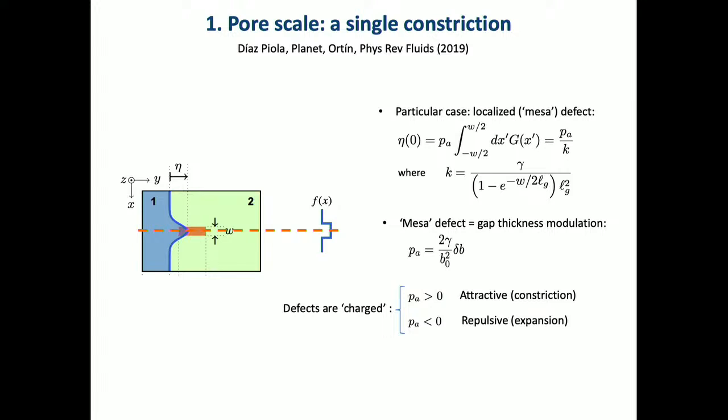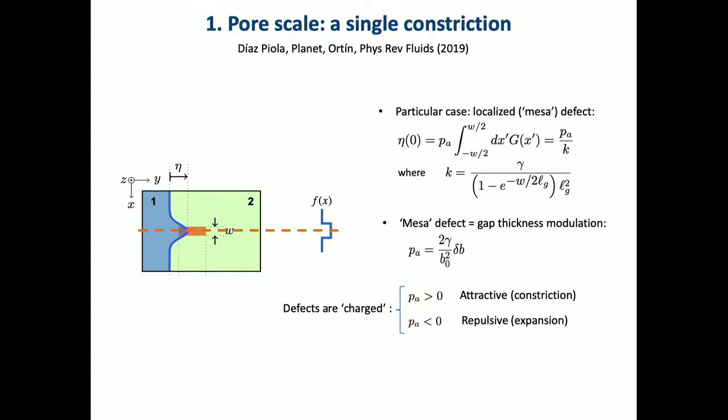So this is telling us that the front is acting as a spring constant, trying to remove the perturbation produced by the defect, right? And this spring constant, in this linearized problem, is given by this term, which depends, of course, on all the system properties: the width of the defect, the capillary length of the problem, the surface tension. All the ingredients that actually damp the perturbations of the front.